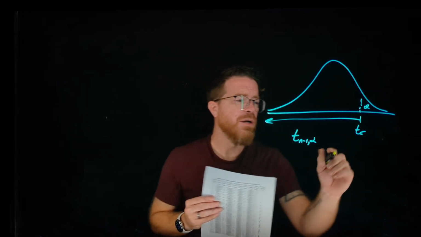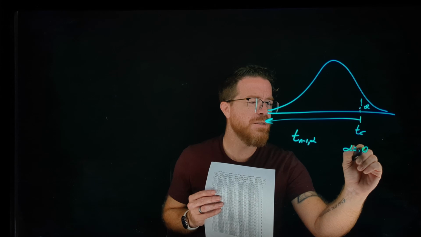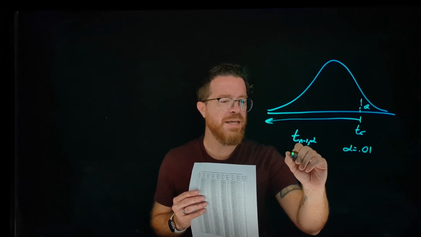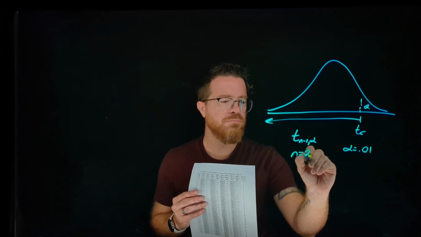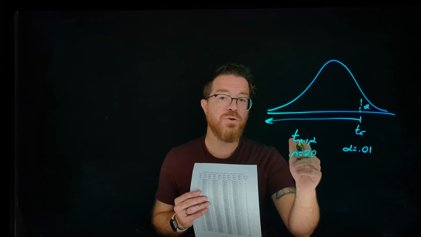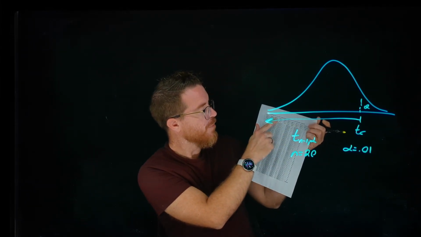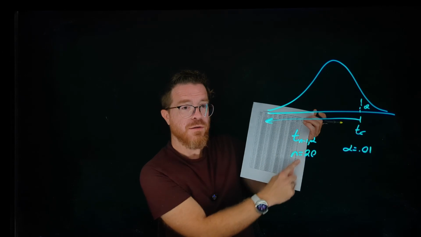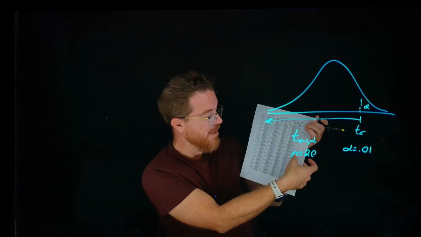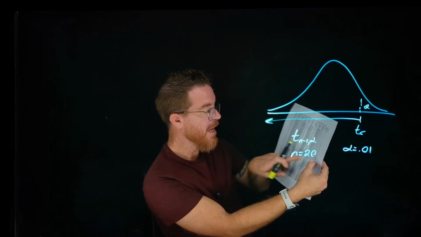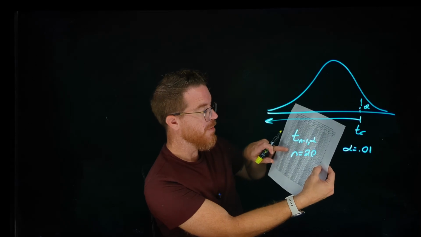If we have an alpha of, let's say 0.01, and we have an n of, let's say 20, this means our degrees of freedom would be 19. So we go to one tail test, we go over to 0.01. On the left side, we go down to 19 for degrees of freedom of 19, and then we see where those two meet.